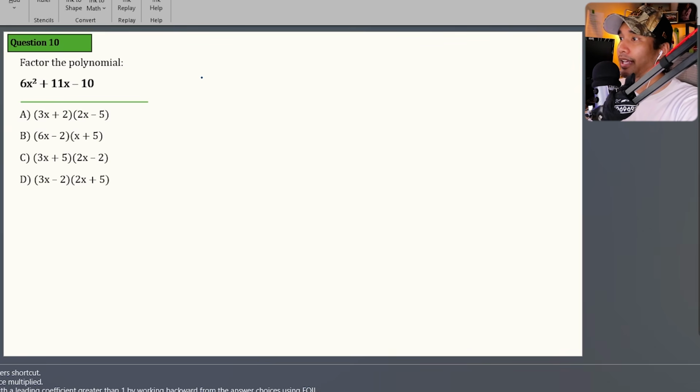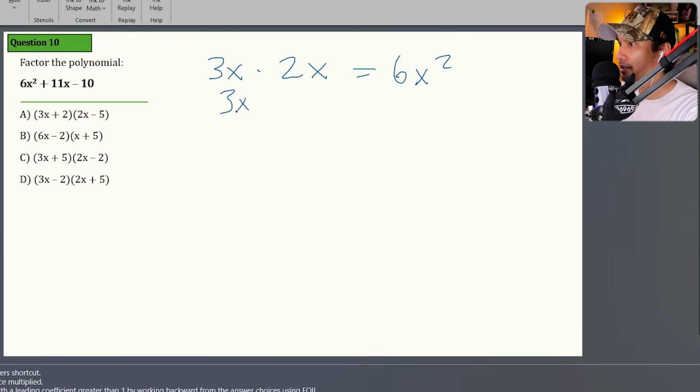So let's go ahead and start with A. Let's say you have scratch paper and you're just going down the test. So 3x times 2x equals 6x squared. 3x times -5 equals -15x.